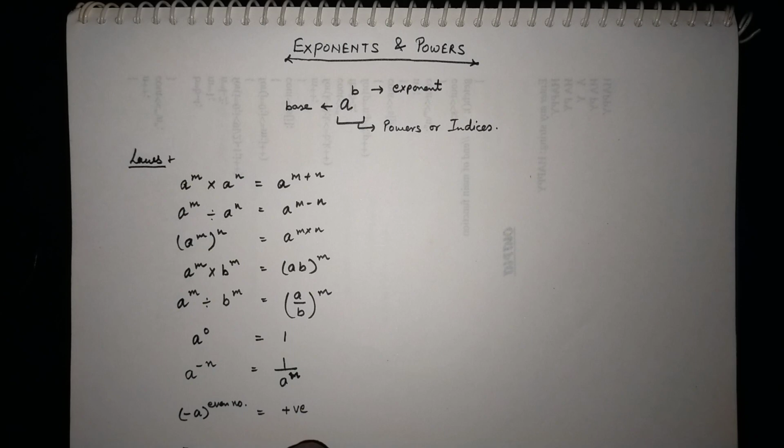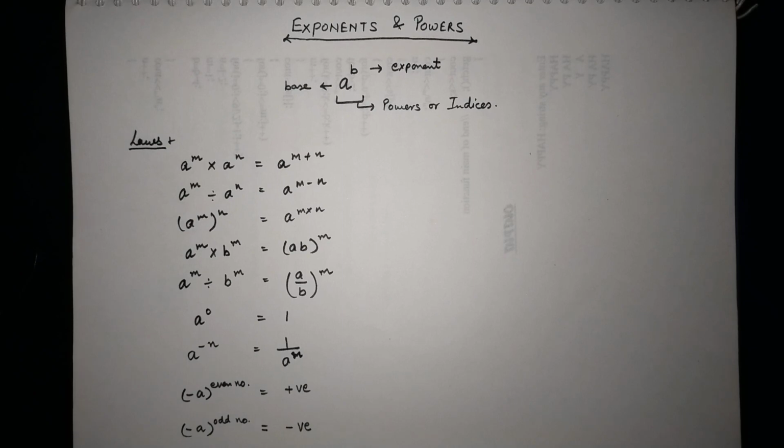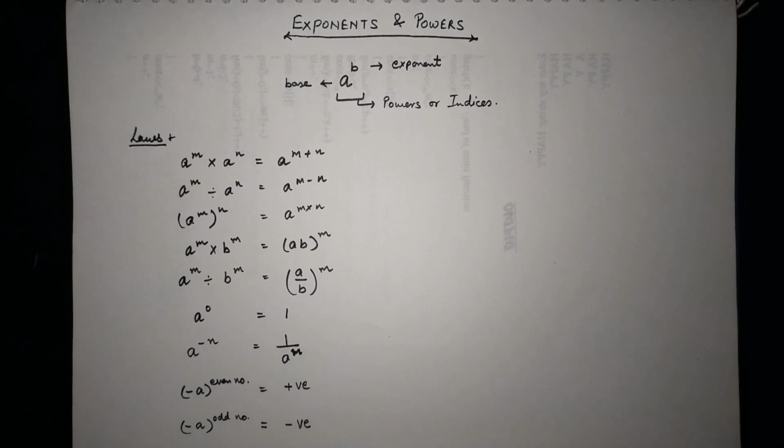And if we have minus a to an odd number as a power, then you will have a negative answer. We can also take minus 1. In case of minus 1, we have either a positive 1 as the answer or a negative 1 as the answer.